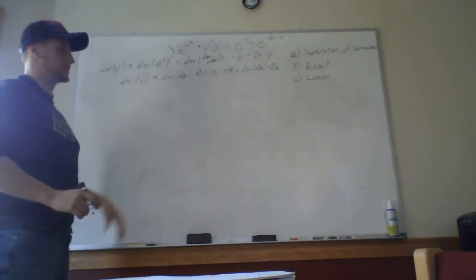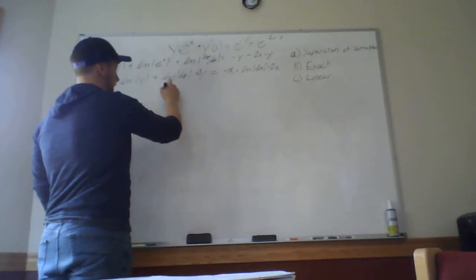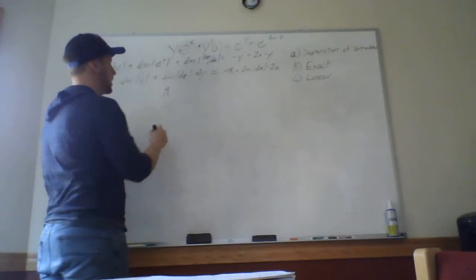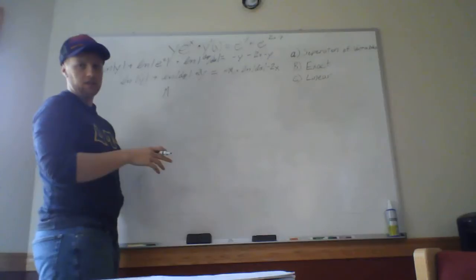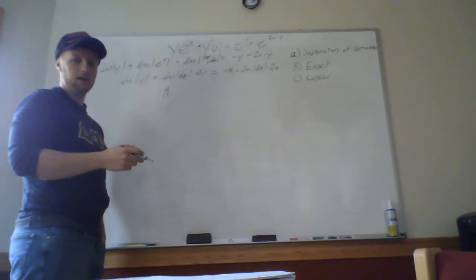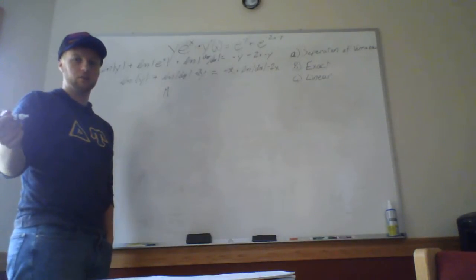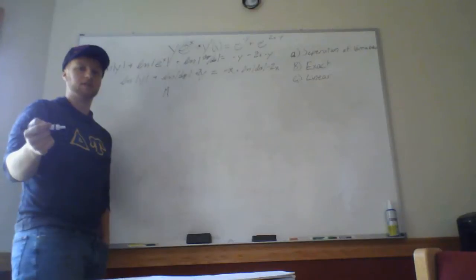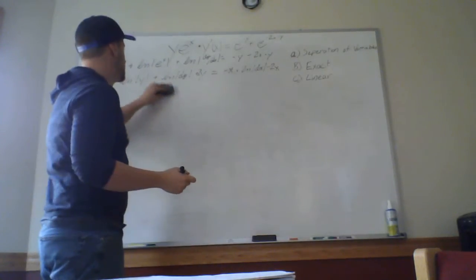Next, I'll be going to the exact solution, which asks: can you separate it so that one side of the equal sign becomes a function, which you take the partial differentiation of with respect to y, and is that equal to the other side of the equation once you take the partial differentiation of it with respect to x.